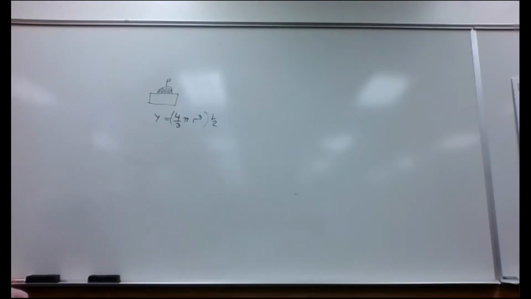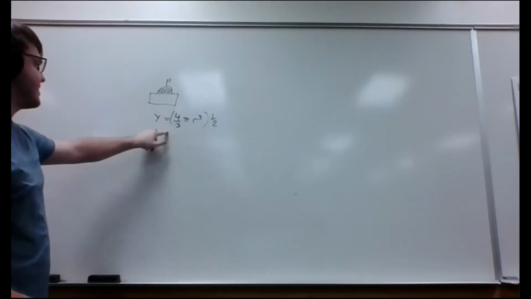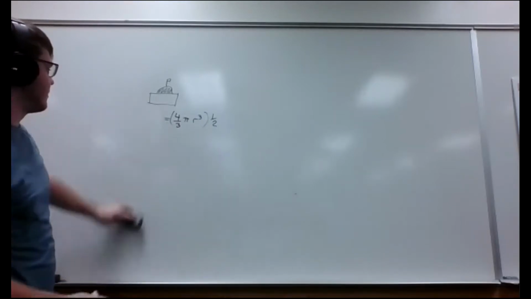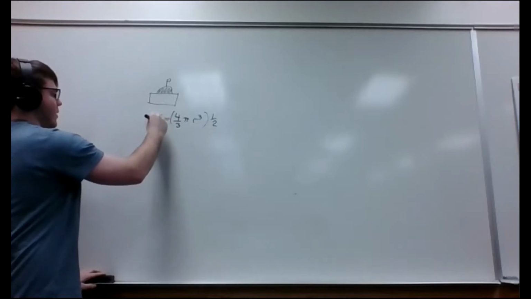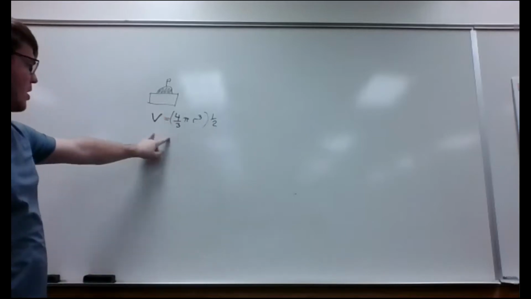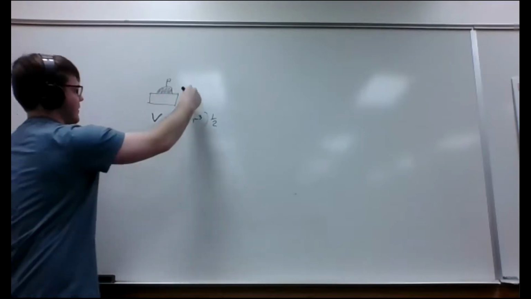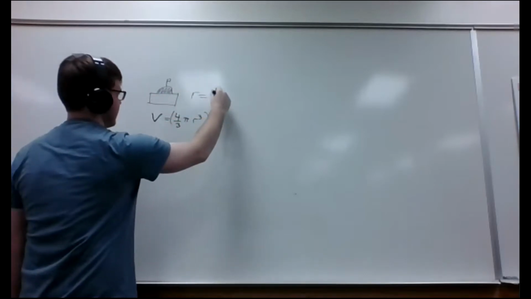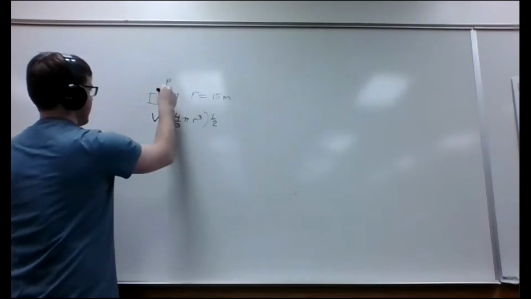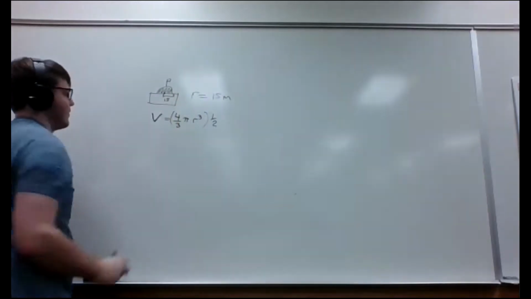Okay. So this is going to be the volume of our, I guess, our dome. Let's say the radius is 15 meters. So this would be 15 meters from one side.